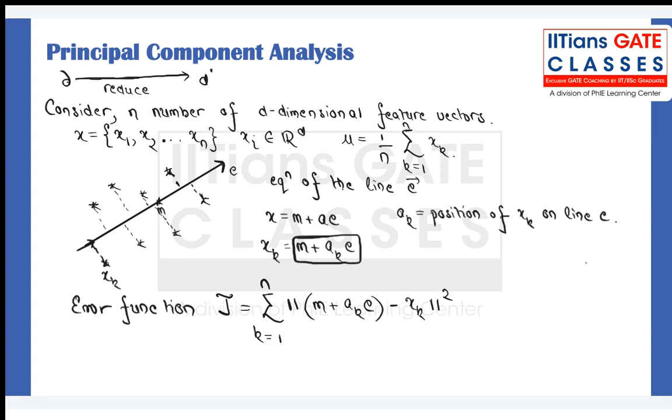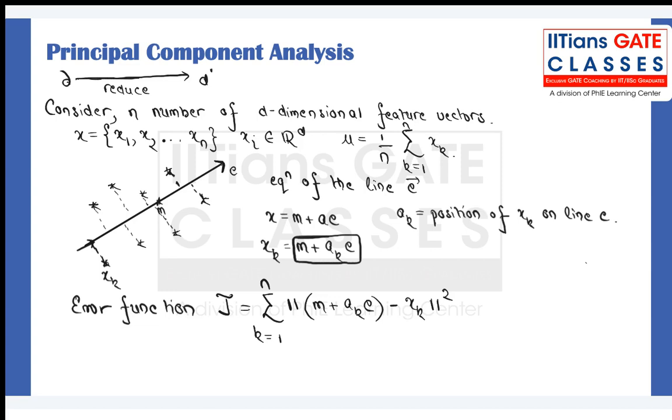So this is the sum of squared error between the actual point xk and your projected point on the line e. The projection of the point with respect to line e, minus xk, will denote your error.